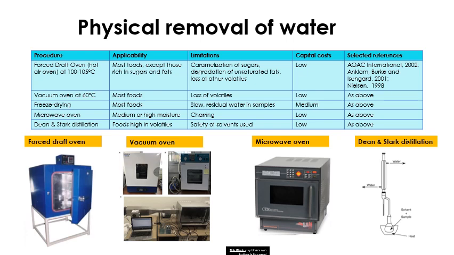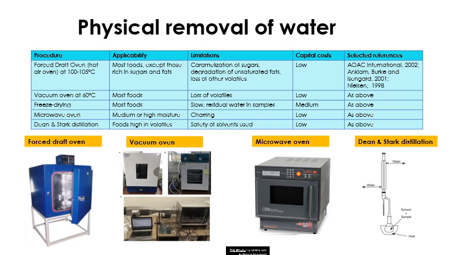We also have a microwave oven that is suitable for medium or high moisture products. The only side effect is that the product can become charred. And what I didn't explain in detail here is freeze drying.